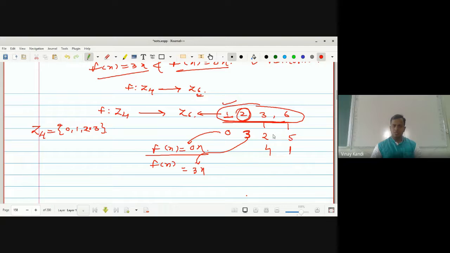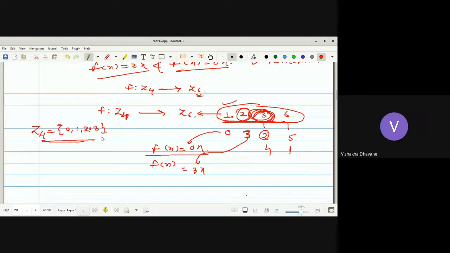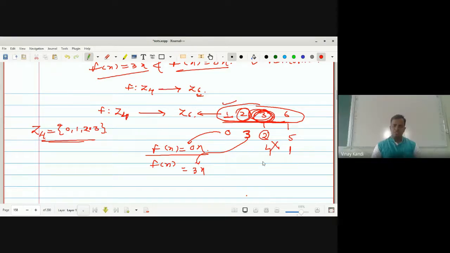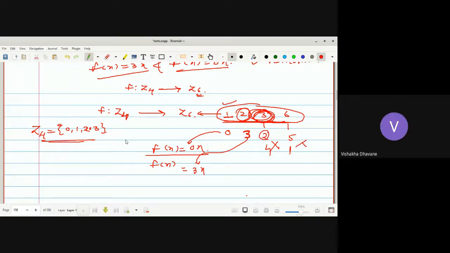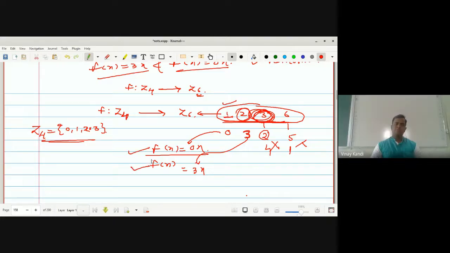Does an element of order 3 exist in Z4? No, so that won't come. Is there an element of order 6 in Z4? No. Hence, these are the two mappings such that f from Z4 to Z6 is a homomorphism.